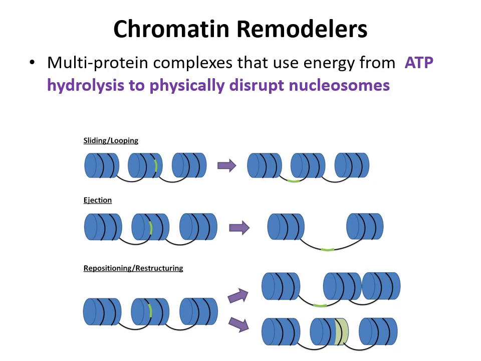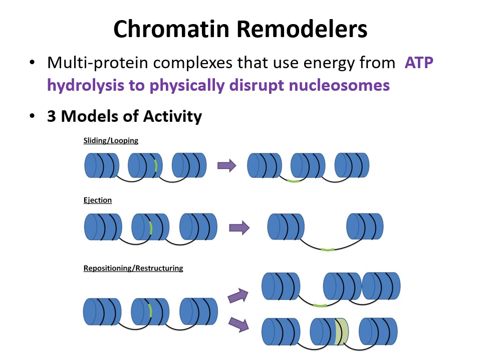Chromatin remodelers, on the other hand, are actually using ATP, they're breaking ATP to physically disrupt nucleosomes. And when I say nucleosomes, I mean the histones with the DNA wrapped around it, that tight chromatin structure. So rather than just loosening up the DNA, they're physically pulling that DNA off of the histone proteins. Okay, there are 3 models by which they can do this.